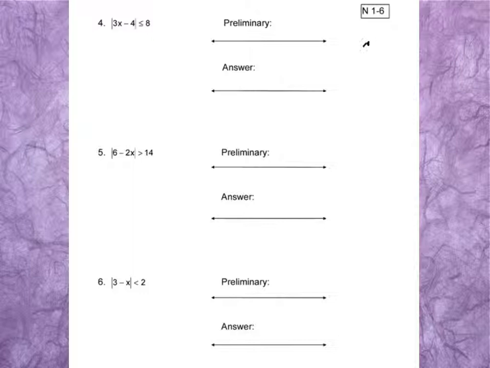Okay, if I have a conjunction, I'm going to have the sign less than or equal to, and it's going to graph between 2 points.